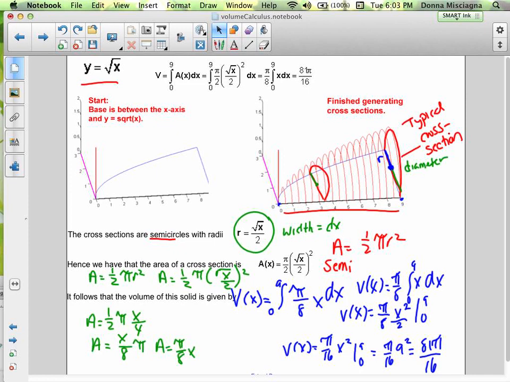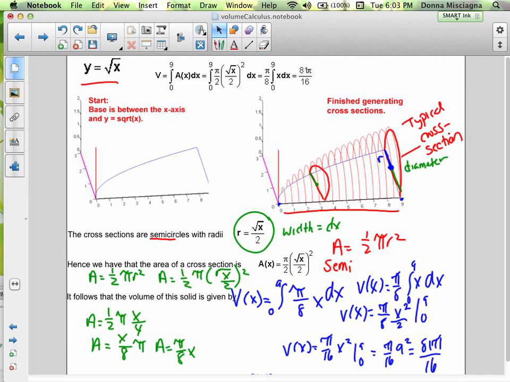Right? And then I can pull out the 4 because that's just a constant. We have x over 8 pi. So we're going to integrate pi over 8 times x, because I'm going to pull out the pi and the 8 and just keep the x, right? Because pi over 8 is a constant. So the volume here, and we're integrating from 0 to 9, is pi over 8 times x dx.